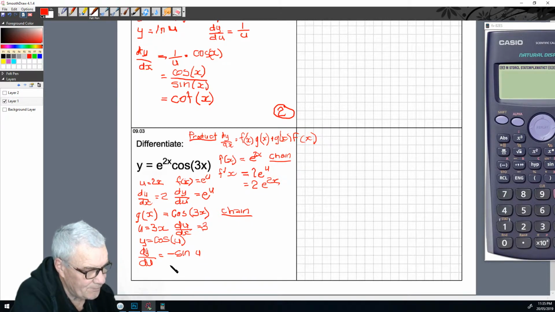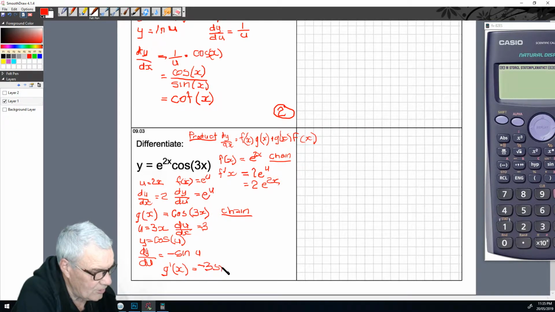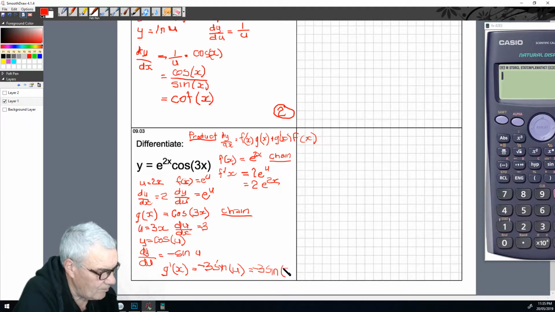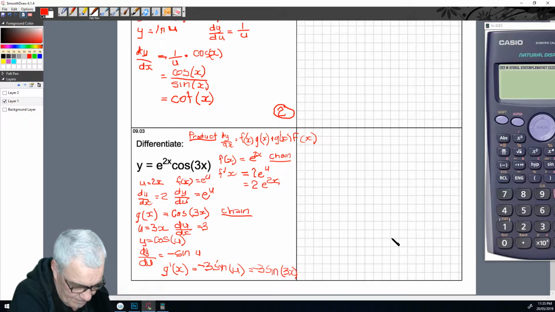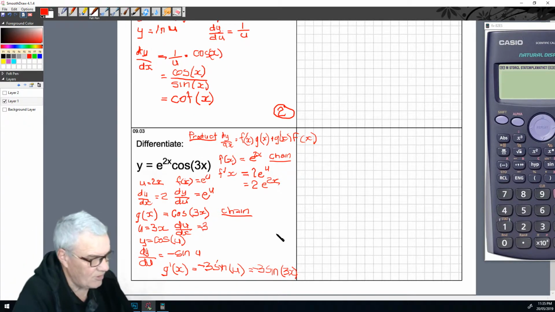So g dash of x, which is what we're trying to find here, equals negative 3 sine u, which equals negative 3 sine 3x. Okay, so that's the two derivatives for the product rule.